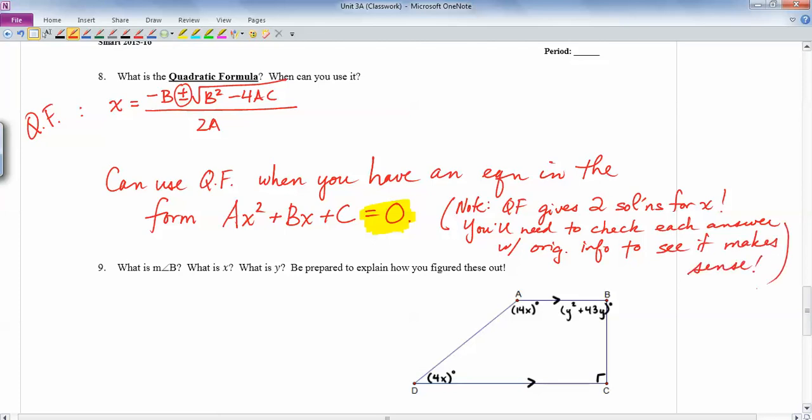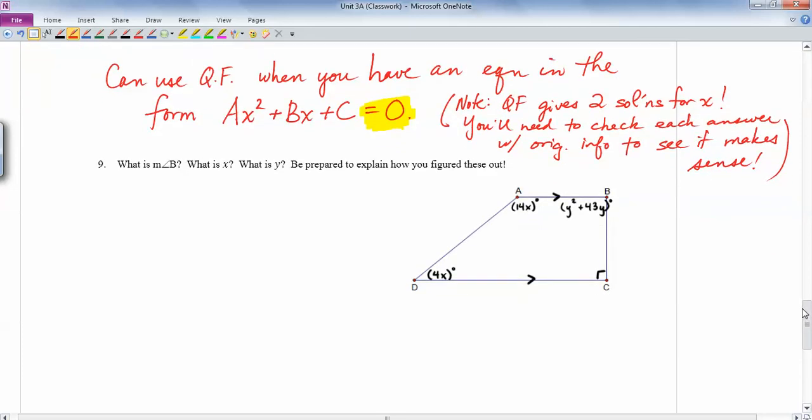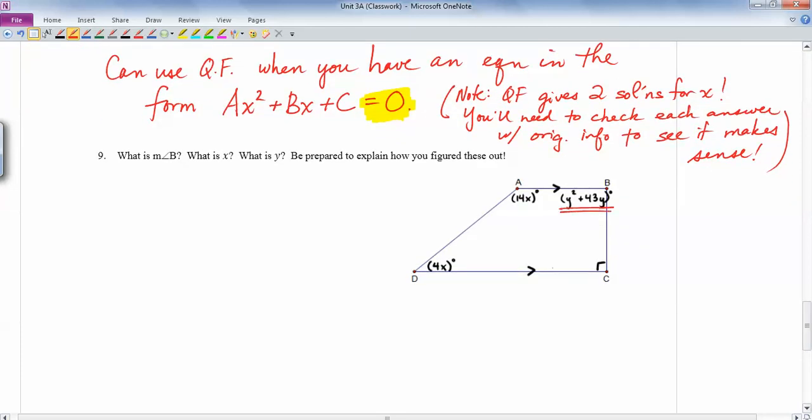Okay, so number 9 is our last problem, and go figure, you have a y squared plus 43y. That should give you a hint that you might need the quadratic formula. Okay, so let's work our way through this. Now, we have to solve for x, we have to solve for y, and we need angle b. So let's see what we can do. Now notice here, the top and bottom are parallel.